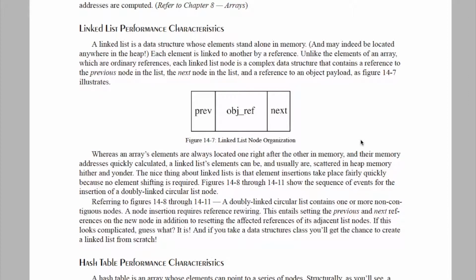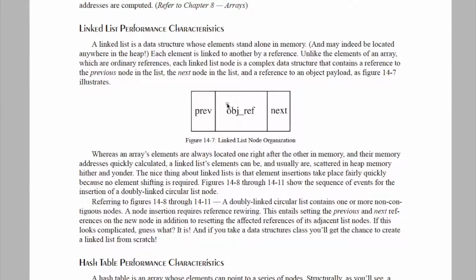Well, a linked list is a potential solution to that problem. A linked list is represented by a data structure that we call a node. We have a conceptualized image of a node here, and a node has a reference to an object.